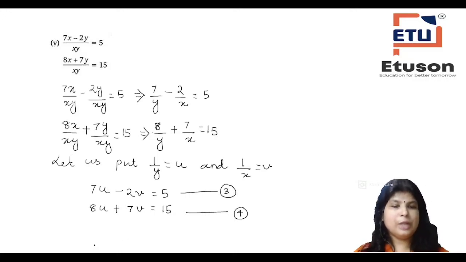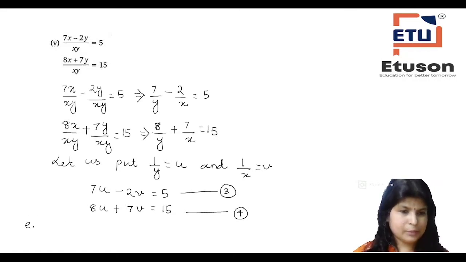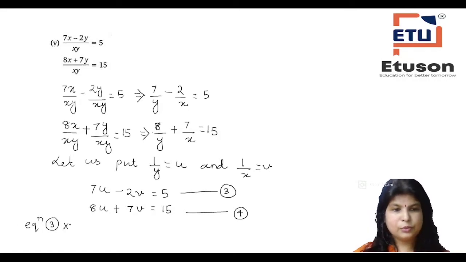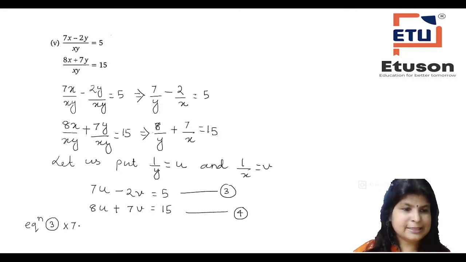Okay. So now what I will do, I'll multiply equation 3 into 7. If I write in that manner, then what will you get? 7 into 7, it is 49u.